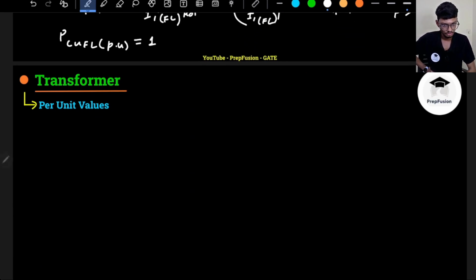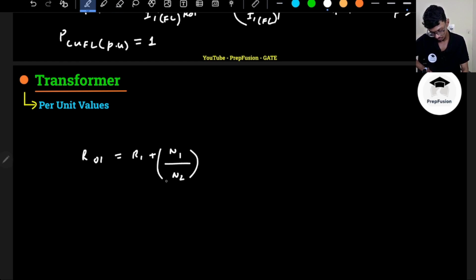Okay, so what is R01? R01 is basically R1 plus N1 divided by N2 whole square into R2. What is the base of resistance?